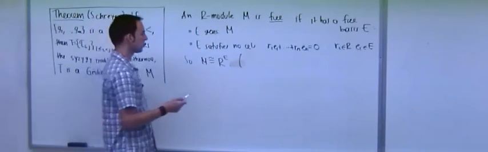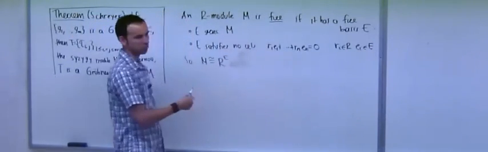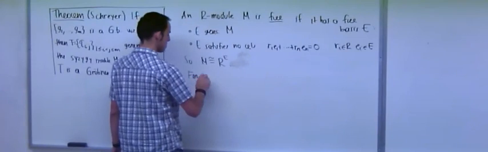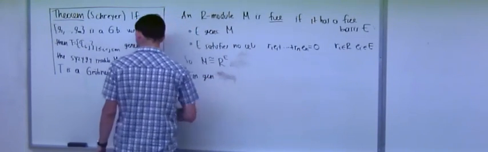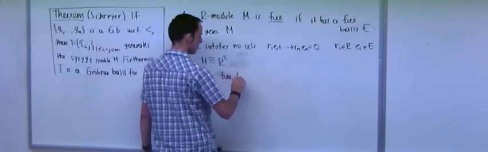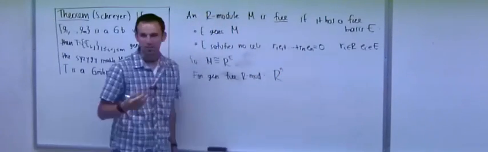And so really when I say a free module, you should just think R to the n. So the finitely generated free R modules are basically R to the n, which is the example that we talked about last time.